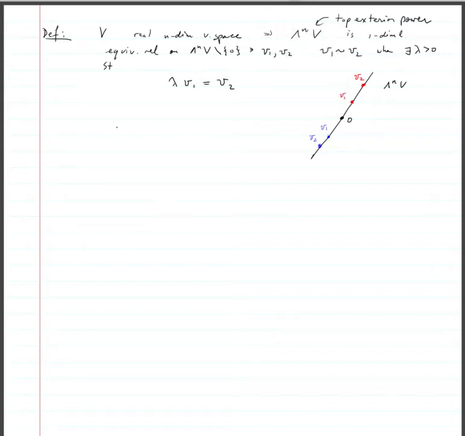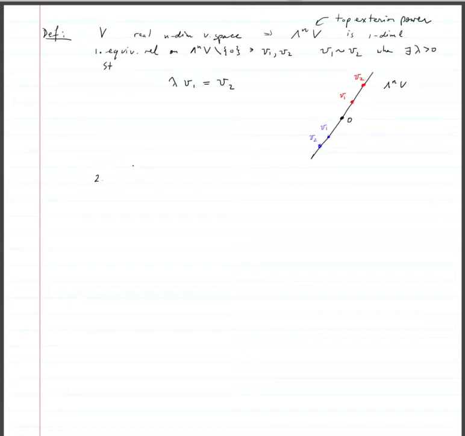Okay, so that's the first thing. So the first part of the definition is that there's an equivalence relation where two non-zero elements of the determinant of V are equivalent when they're related by a positive scalar multiple.